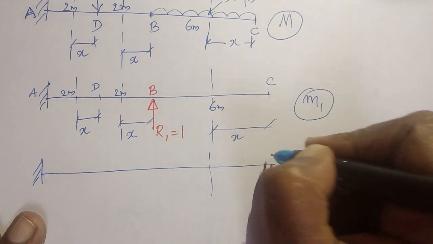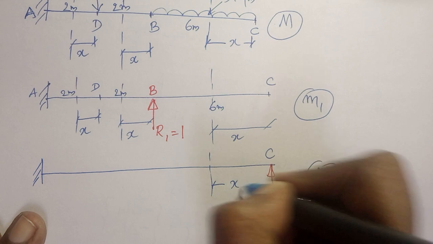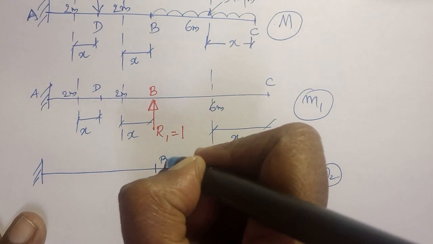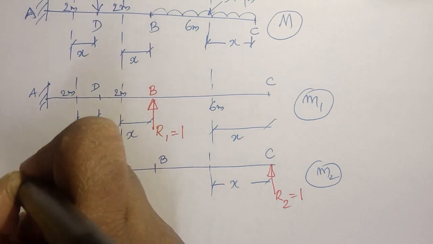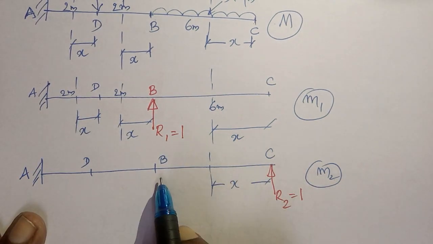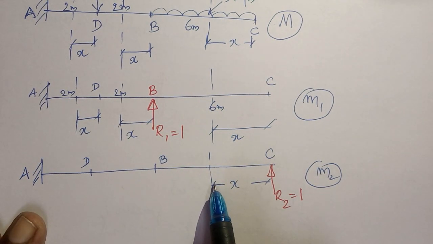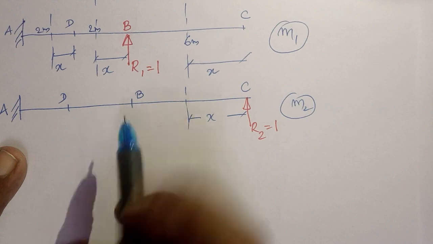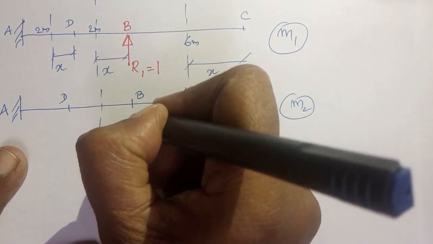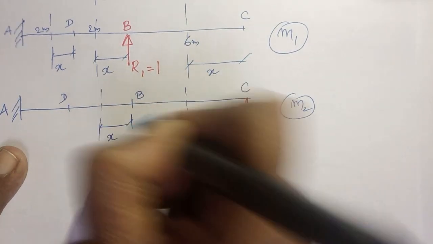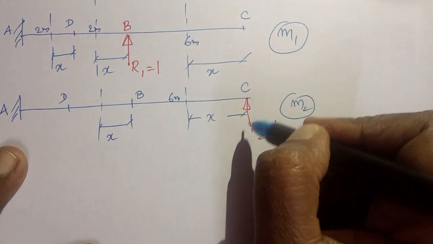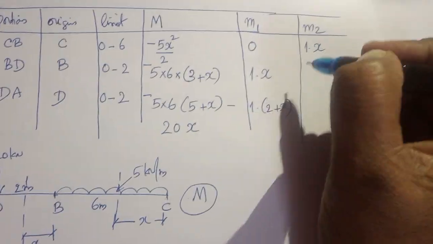So the first portion at a distance X from here, this point I will mark B, D, A. For the first portion CB, 1 into X. For the second portion, this is 1. This distance is 6 meter. So it is 1 into 6 plus X.